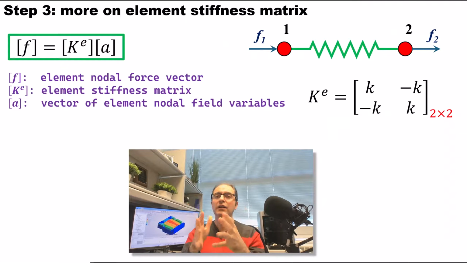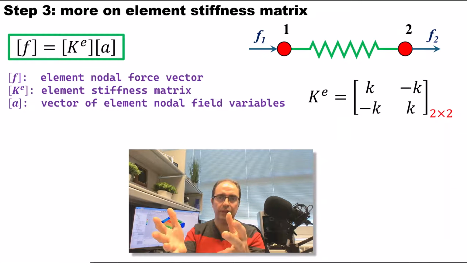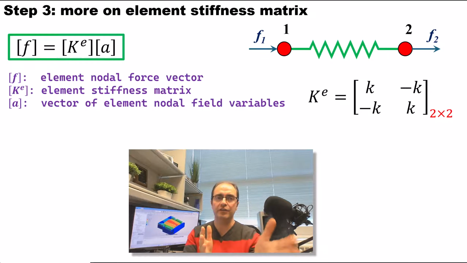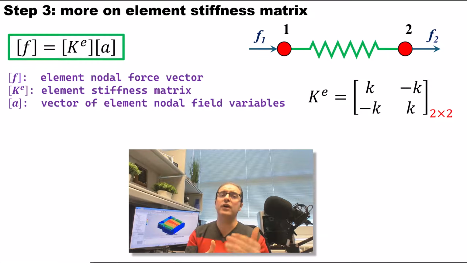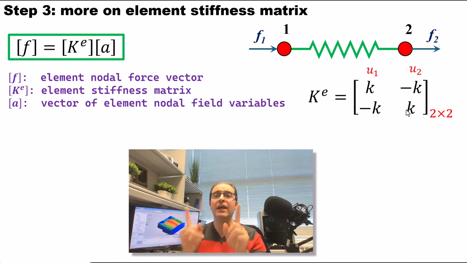So again, reconsider this finite element that you see here and the characteristic formula. In the characteristic formula, F is called the nodal force vector, K^e is the element stiffness matrix, and A is the vector of element nodal field variables like u1 and u2. And K^e now is shown here as k, negative k, negative k, k. This matrix is associated with 2 degrees of freedom, u1 and u2. That's extremely important.